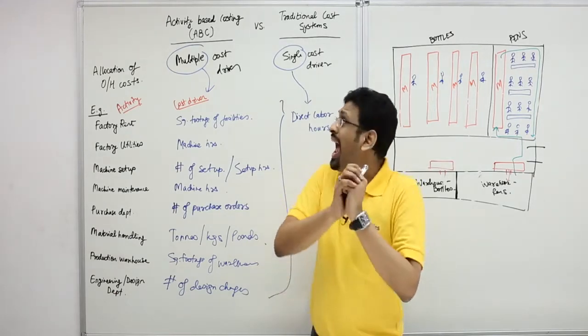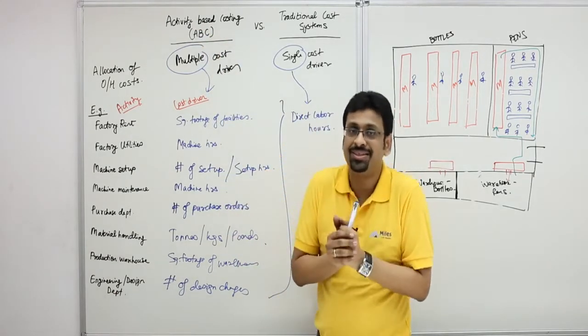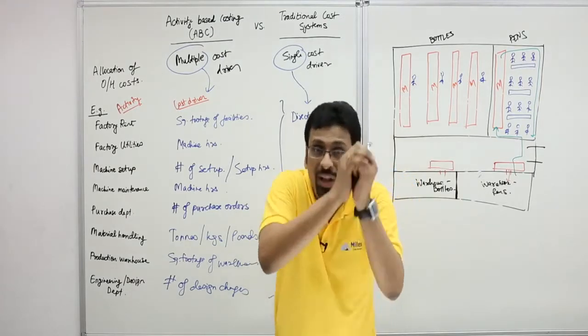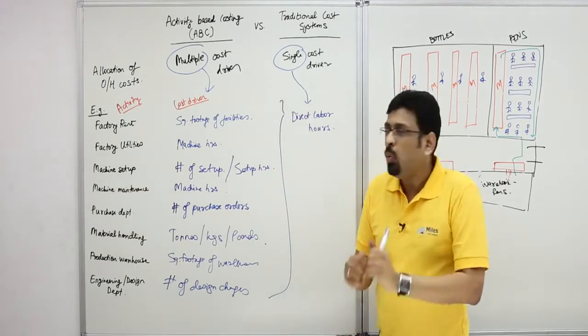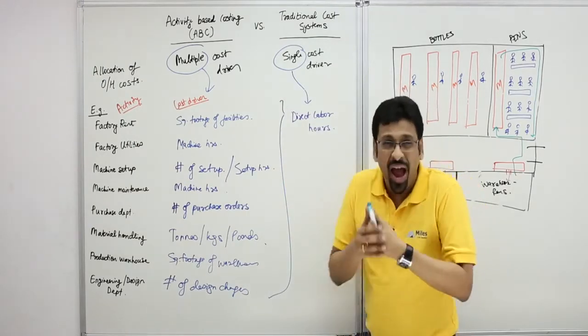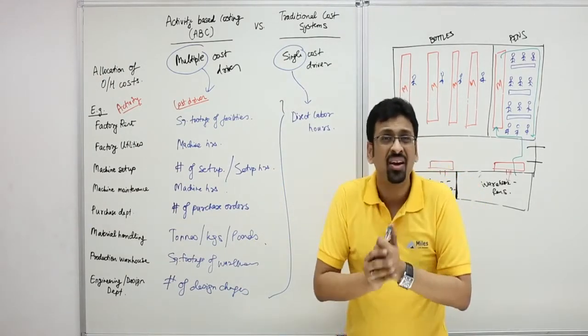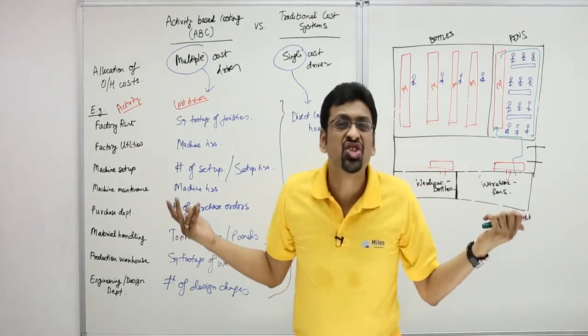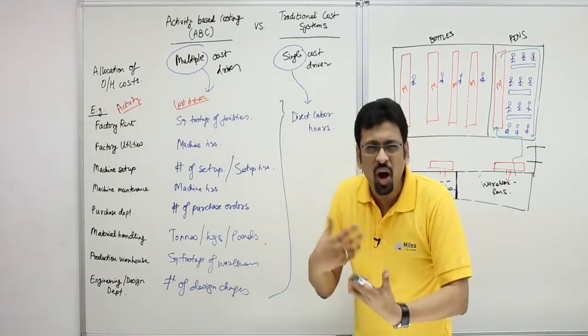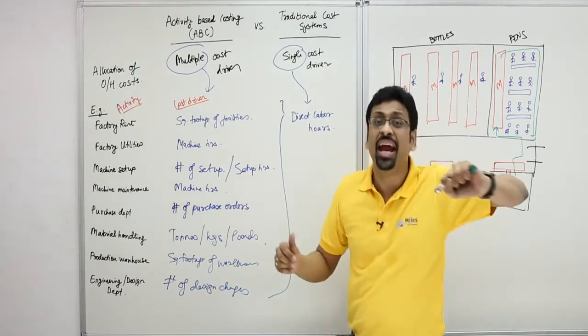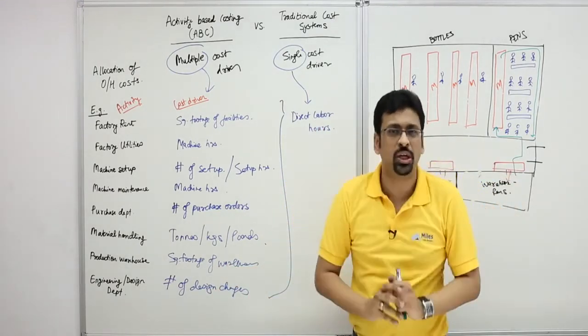So guys, what activity based costing helps us is, it helps us identify all these activities. Now we got to decide which of them are value adding, which add value to the product, and which of them are useless, junk, non-value adding. And the non-value adding activities, either we'll eliminate them or we'll at least try to reduce them.